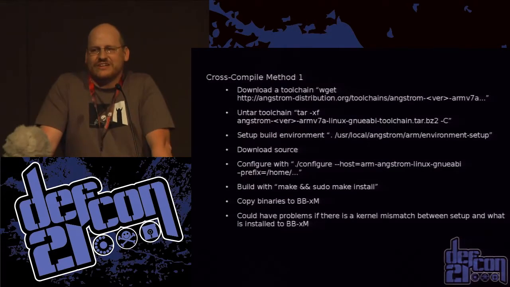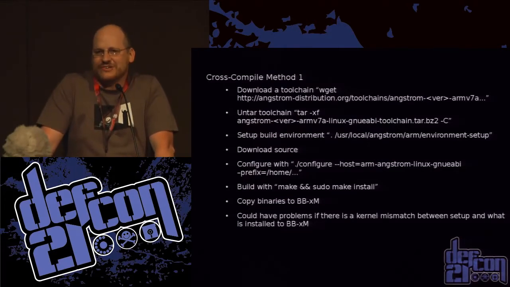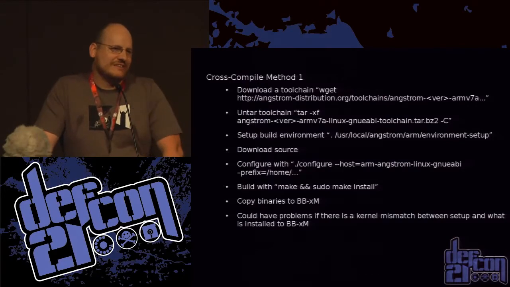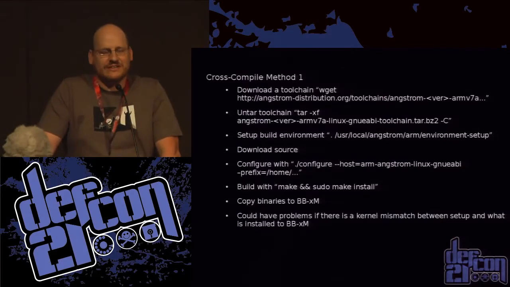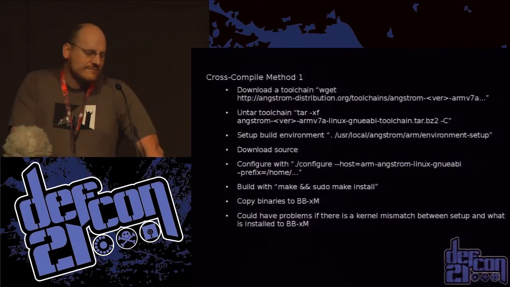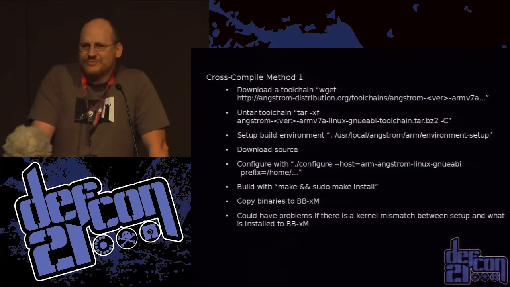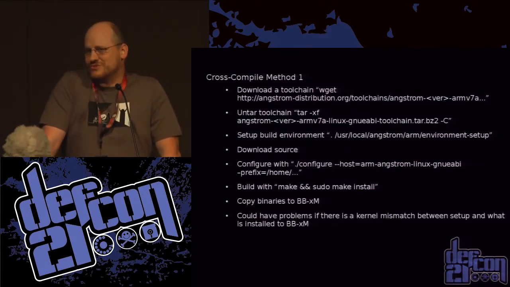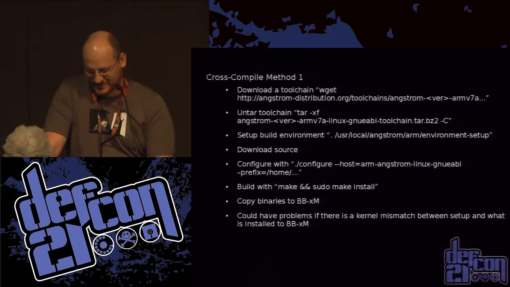Okay? All that is telling the compiler is, hey, guess what? I'm not building for whatever machine I'm running on; I want to compile for the other architecture. And other than that, it's pretty much the same as building source code for your own machine.